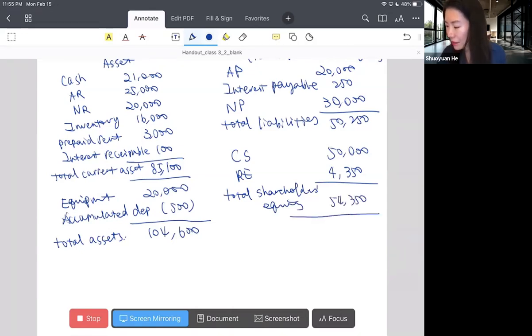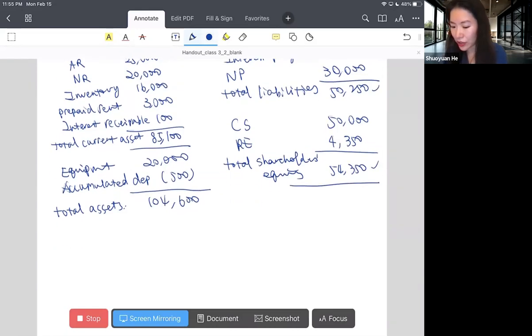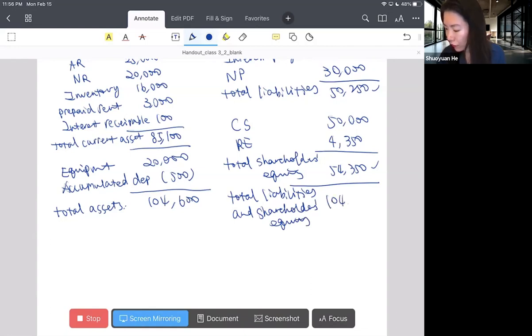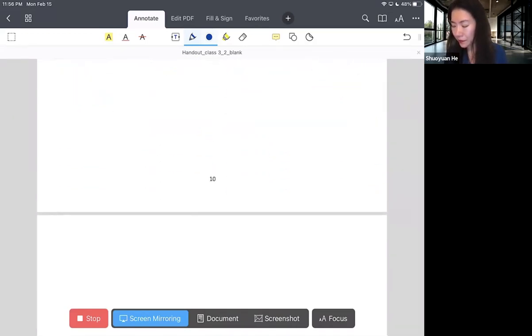And if you add up liability and total shareholders equity, that will give you total liabilities and shareholders equity, which is 104,600. And then your total assets should be equal to your total liabilities and shareholders equity. Your balance sheet should balance. If it doesn't balance, there's something wrong.